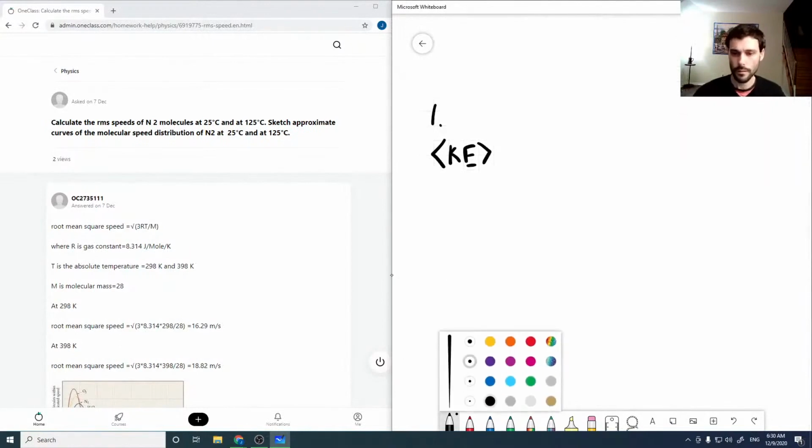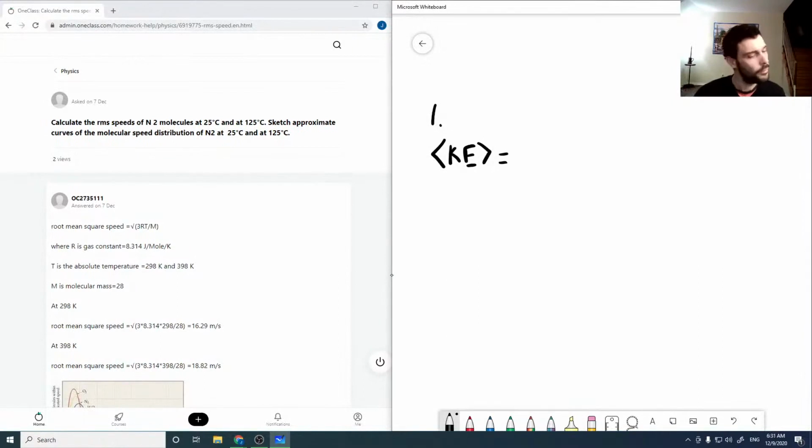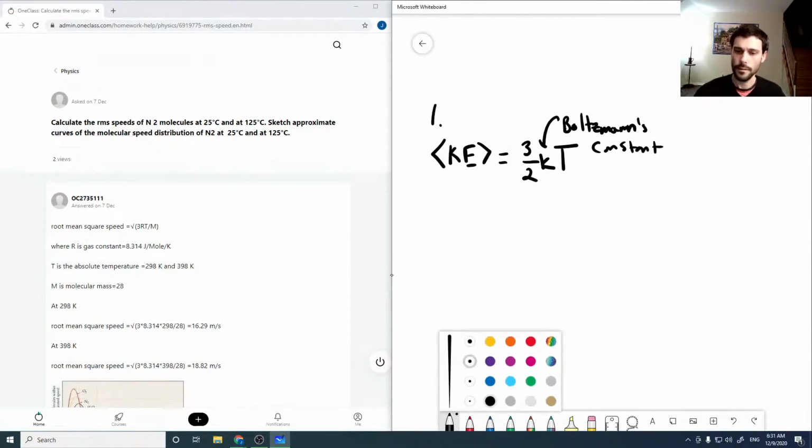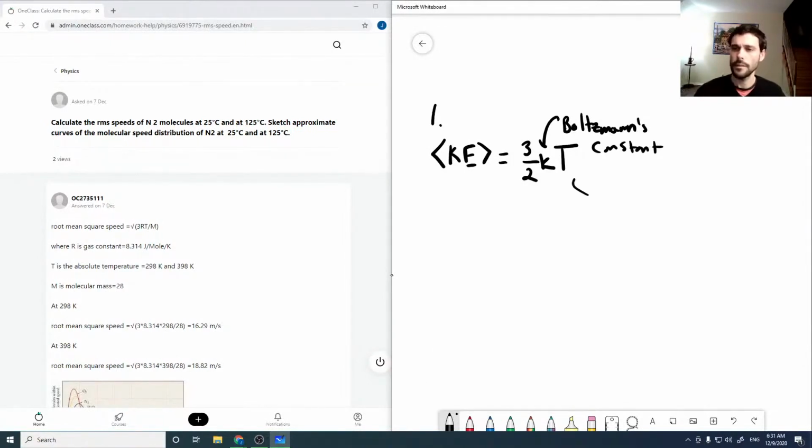Our average kinetic energy is 3/2 kT, where k here is Boltzmann's constant, and T is the temperature.